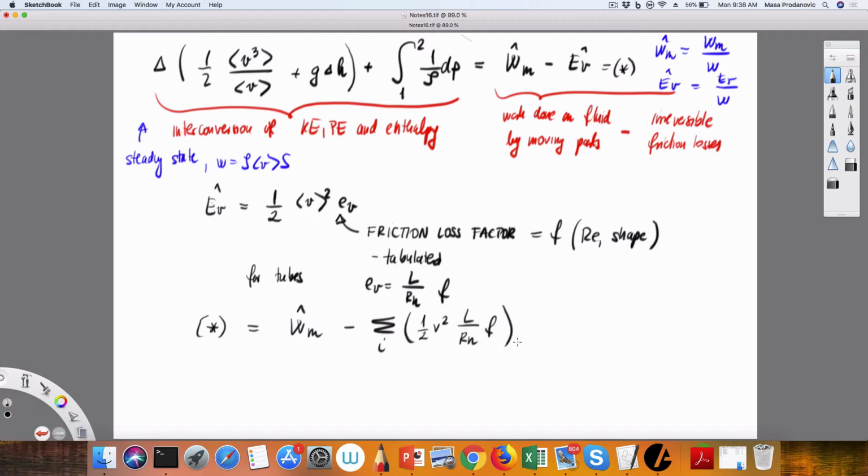So this is done for each straight section. And then the sum over all of the other parts. So these are valves, elbows, and so forth.